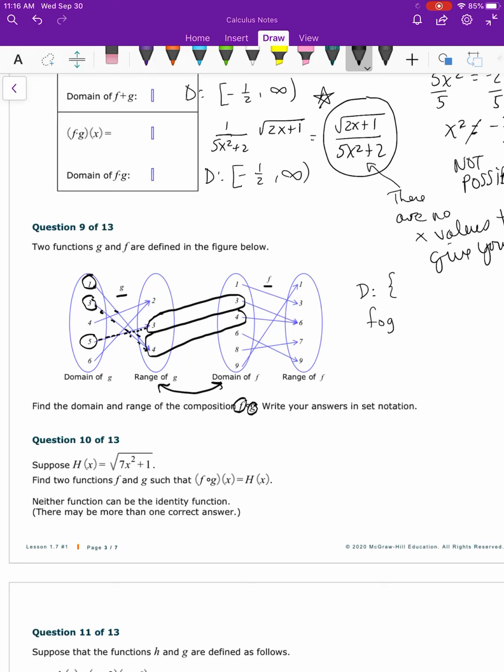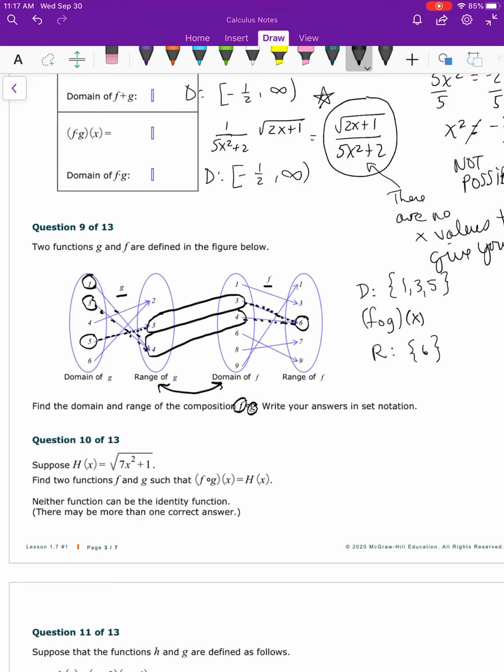So your domain is going to be 1, 3, 5. And then for your range, for your f composition g of x, you're following these back here. So you've got 6, and that looks like it.